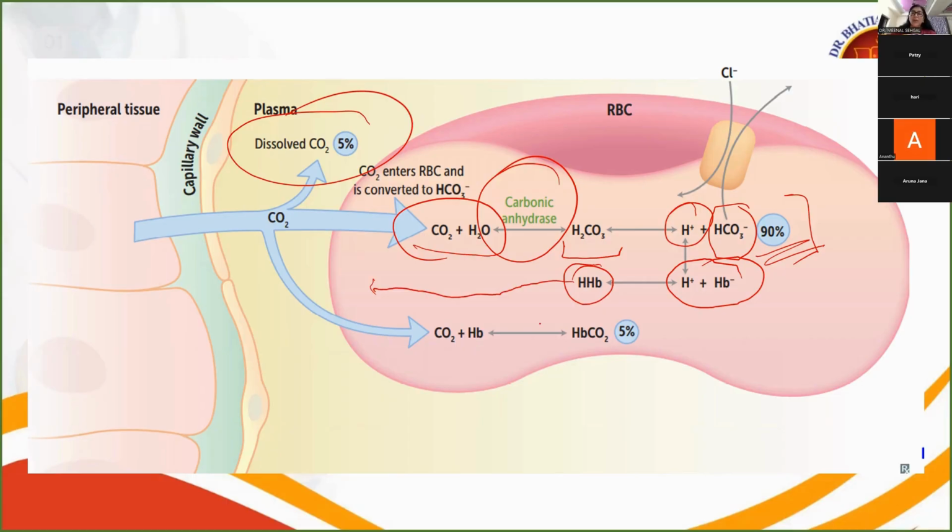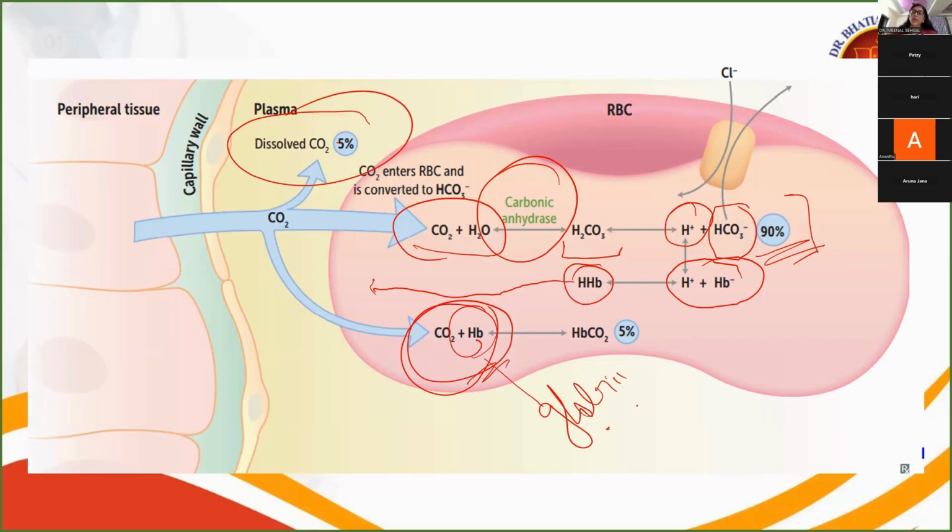And at the lungs, what happens? In the lungs, this H ion is released and hemoglobin binds to another molecule of oxygen and forms HbO2 and comes back to the tissues. Now, some part of carbon dioxide is also dissolved, that is 5% is dissolved in the plasma, and 5% is bound to the hemoglobin, but to the globin component. Remember here, not the heme component.